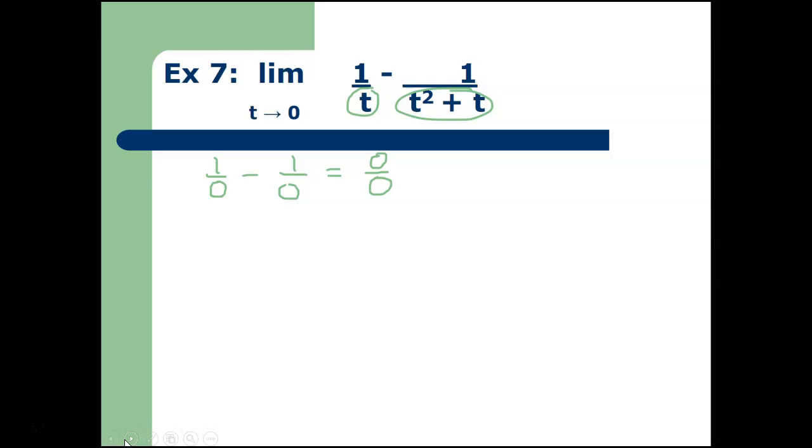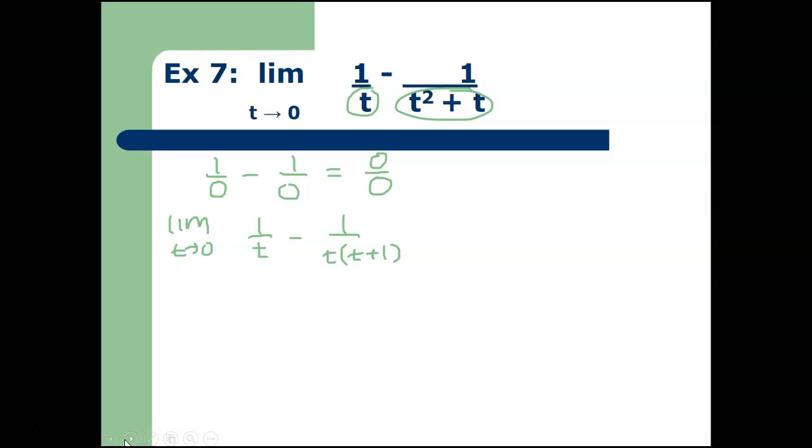So we know if we want to add, subtract fractions together, they have to have a like denominator. So that first part of the fraction can't really be changed much. But the second part, I could factor out a t, and I see that it becomes the quantity of t times t plus 1.